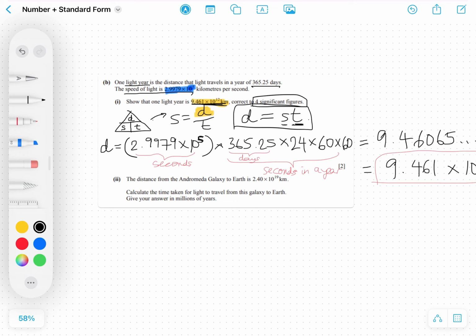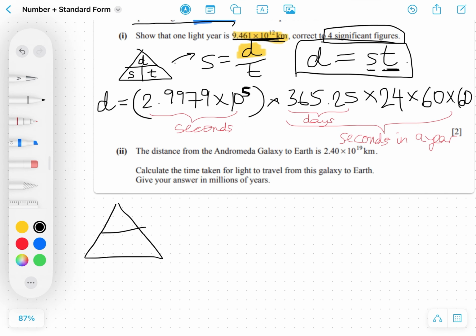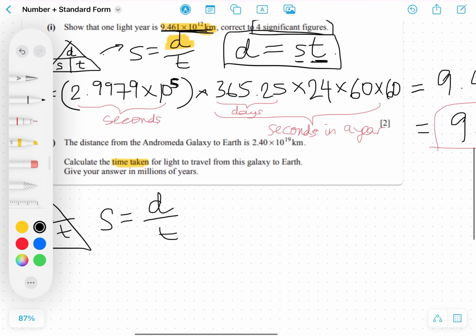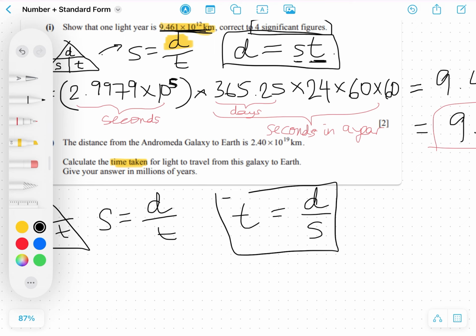So the way to do this is we have the speed distance time triangle. Speed distance time. We have speed is equal to distance over time. But now we are interested in the time taken. So we should rearrange to give the formula in terms of t. So time is equal to distance over speed.